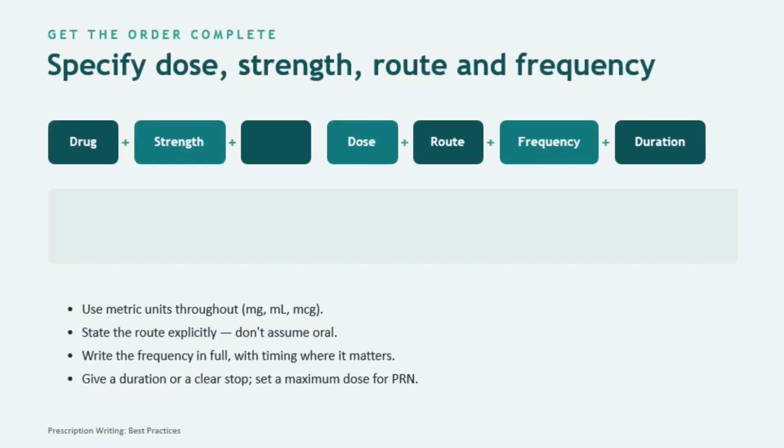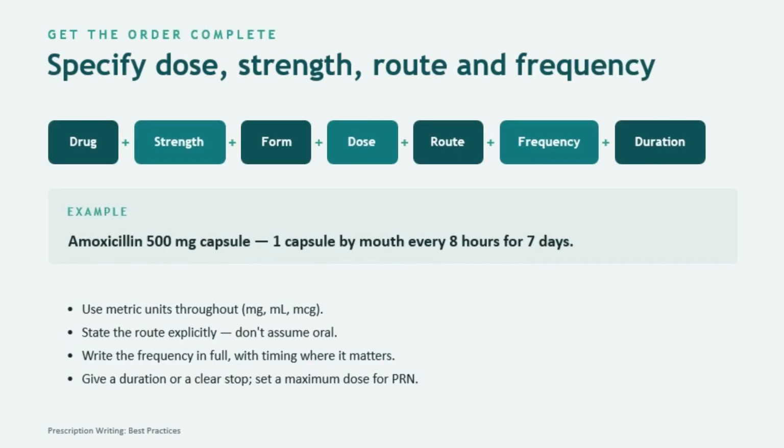Here's the formula I want to become second nature. A complete order names the drug, its strength, the form, the dose, the route, the frequency, and the duration. Look at the example: amoxicillin, 500 milligram capsule, 1 capsule by mouth every 8 hours for 7 days. Every question answered.